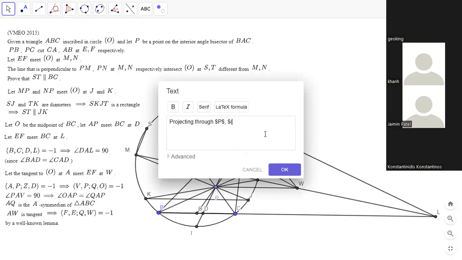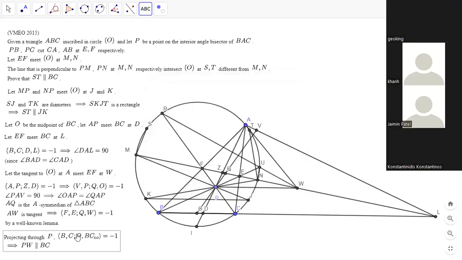BC, so I don't know if I'm doing this in the right order, and then BC, and then the point at infinity are in harmonic conjugation, and that means that PW is parallel to BC. So it would really be CB.